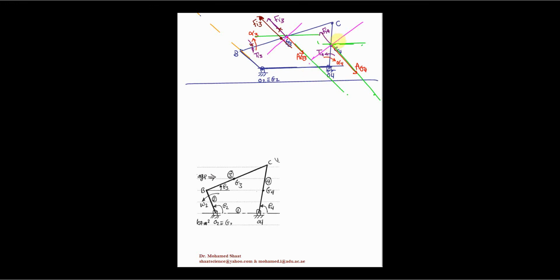To generate the torque in the same direction as Ti4, we have to pick a point on the top here, because we're gonna draw a force. We measure the 9.1 millimeter and mark a point, and from this point we draw a line. This line should be parallel to the original force Fi4 that we drew before. This is gonna be the new force that we consider, the new Fi4 force.